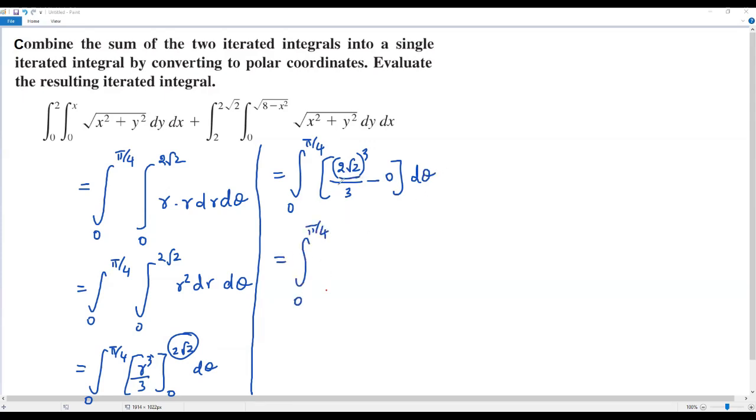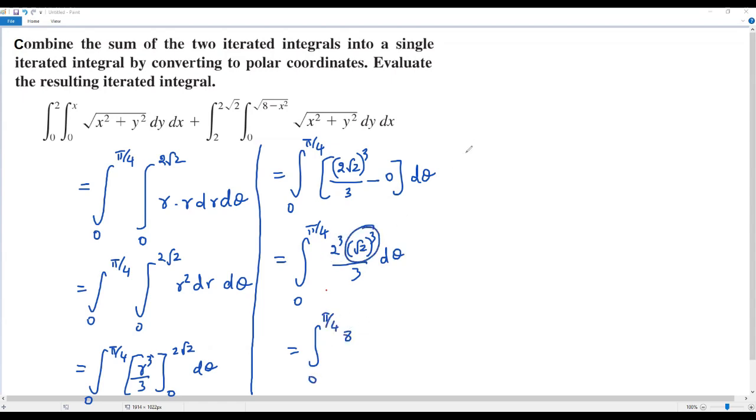Now here two values are multiplied and we have the common exponent 3. Whenever two values are multiplied and we have a common exponent, the exponent can be distributed to each value and the results multiplied. Then I'm getting 2³ times (√2)³ over 3, and we can ignore this 0 and write dθ, integral 0 to π/4. The evaluation of 2³ is just 8.